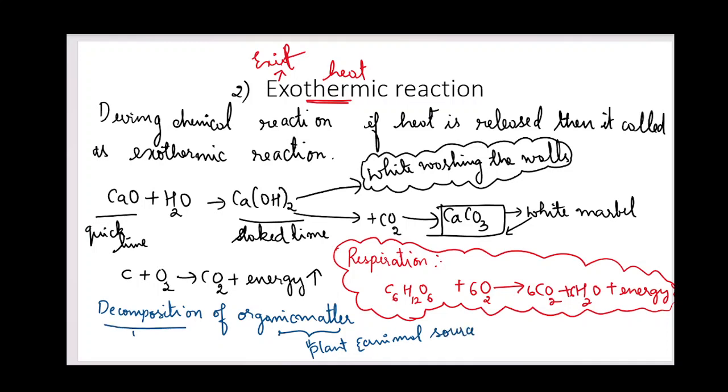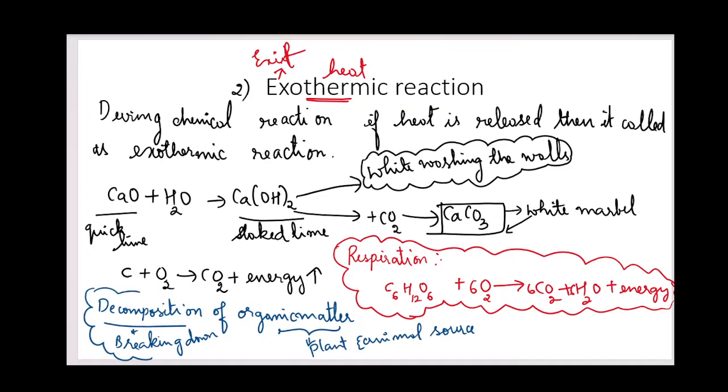Decomposition means breaking down. So when fallen leaves or a dead animal decay later, during that process also heat is released out. So that is called decomposition of organic matter.